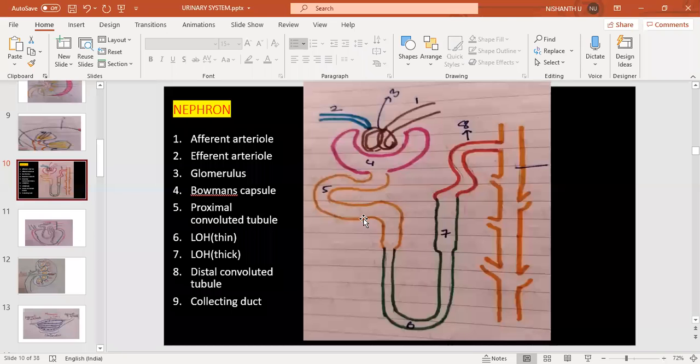When the filtrate is moving very fast, the reabsorption process will slow down. You require the normal, slow movement of the filtrate to reabsorb the substances from the filtrate. But the movement of the filtrate becomes very fast, so reabsorption of the substances is not possible. That means effective reabsorption will not be there.